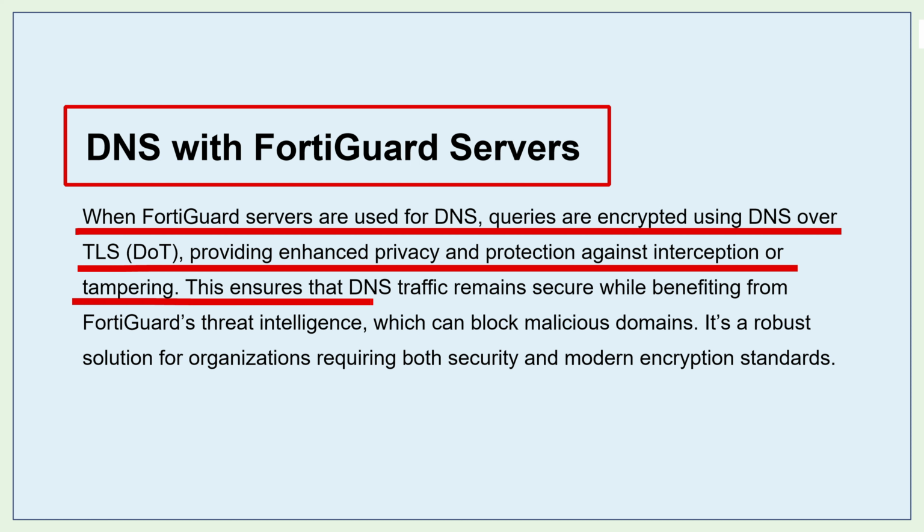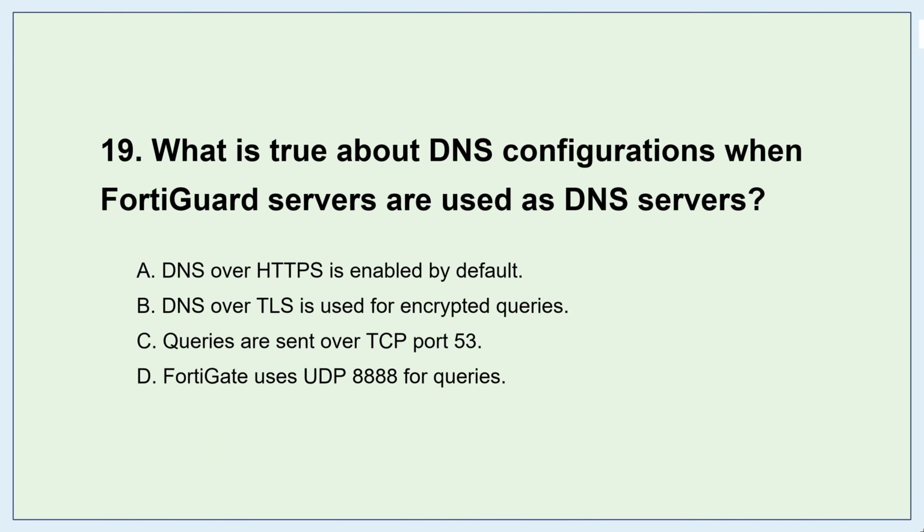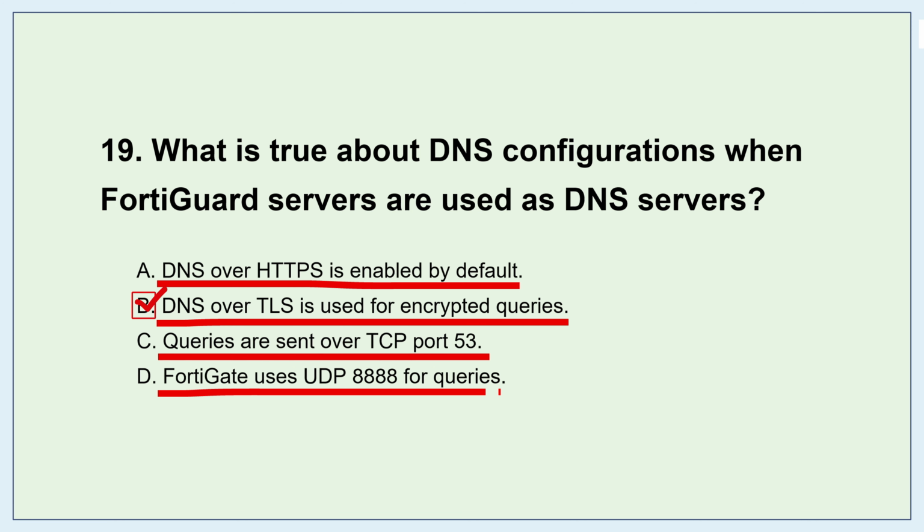They also block malicious domains, combining security and privacy to protect your network from threats. Correct. DNS over TLS ensures encrypted queries. Incorrect. These options are either inaccurate or irrelevant.